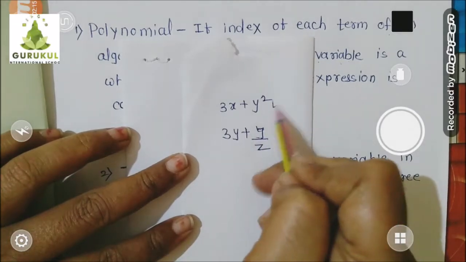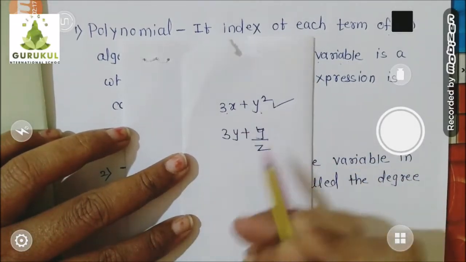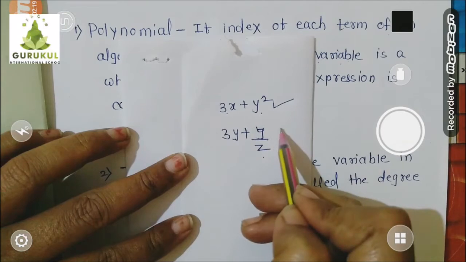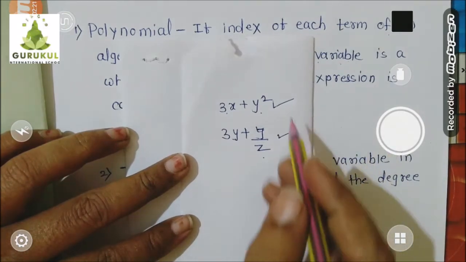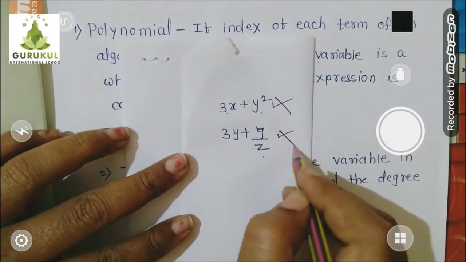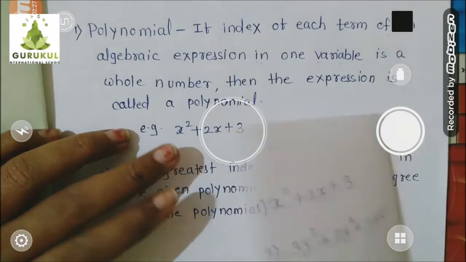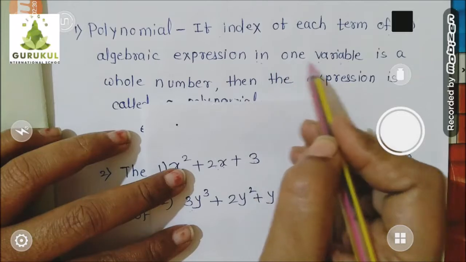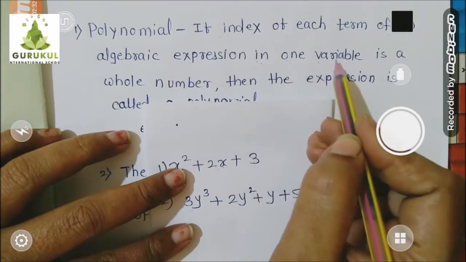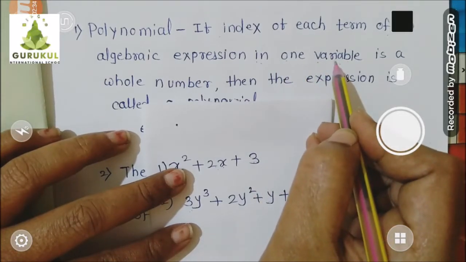So these are the expressions where two variables are used, x and y, here y and z. So right now for the polynomial definition, we are not talking about such expressions where two variables are used. In the polynomial definition, we are considering such an expression where only one variable is used.